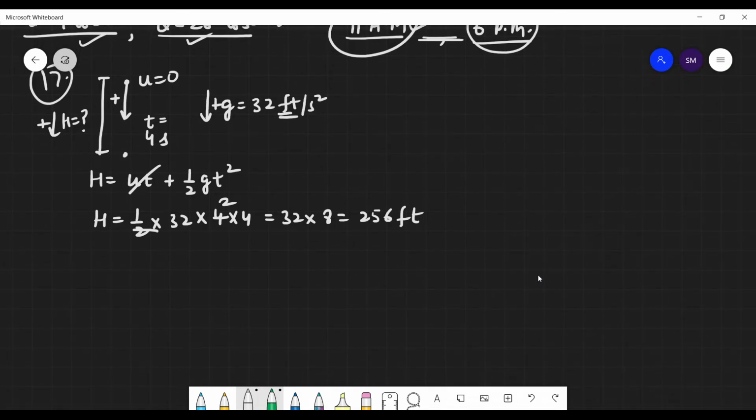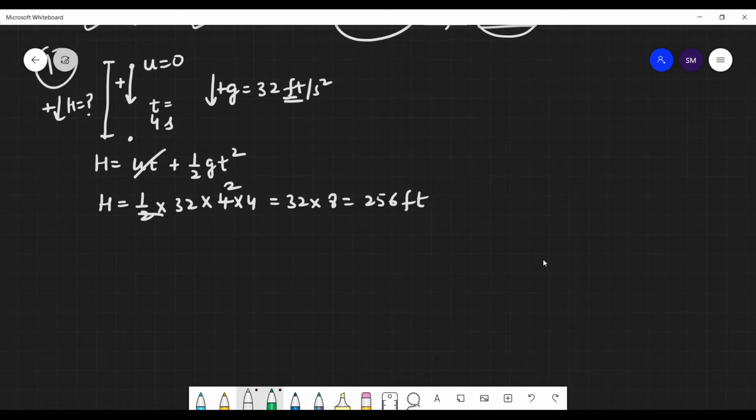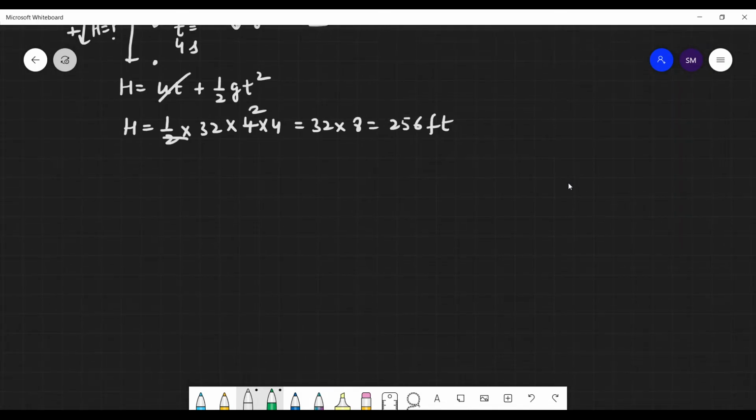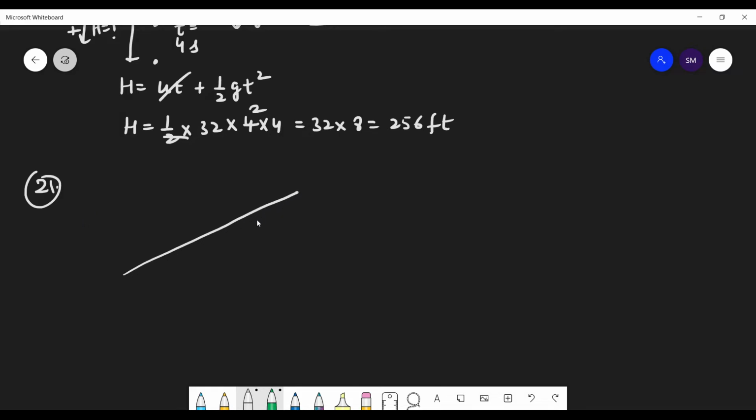Now we have question number 21. A body on an inclined plane slides 1/4 of the distance. So it travels 1/4.